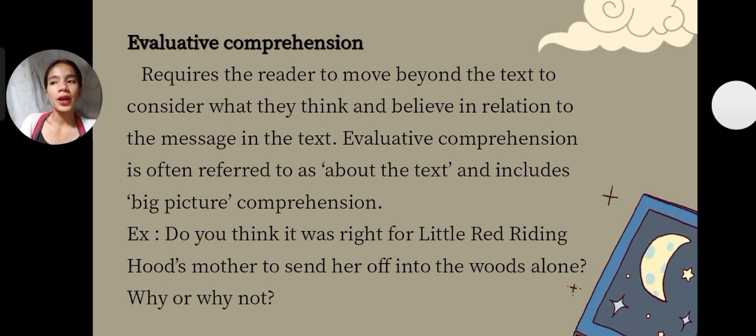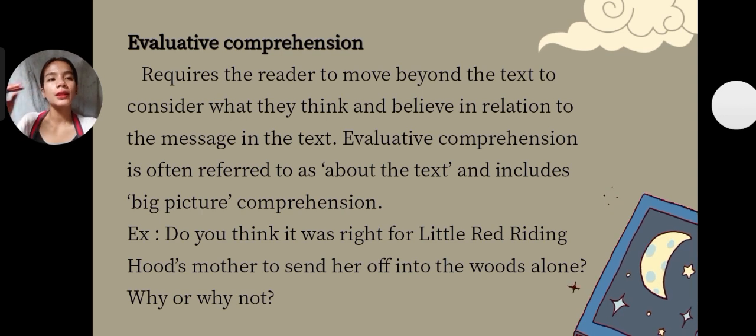Evaluative comprehension will go beyond the text in order to understand the main ideas given by the author. So how will the reader understand the text if the author's idea is hidden through very powerful and flowery words that he or she put in his story?